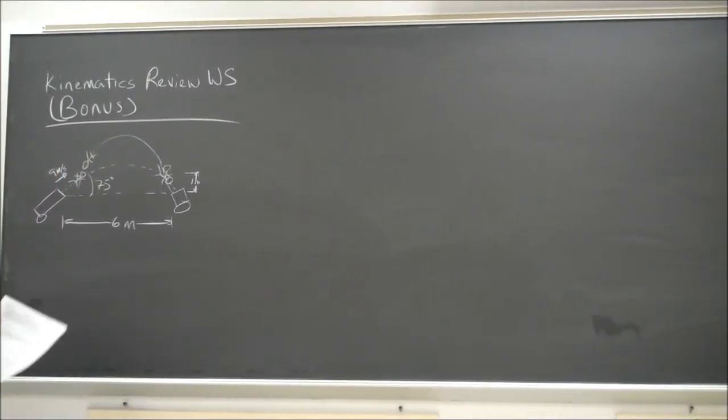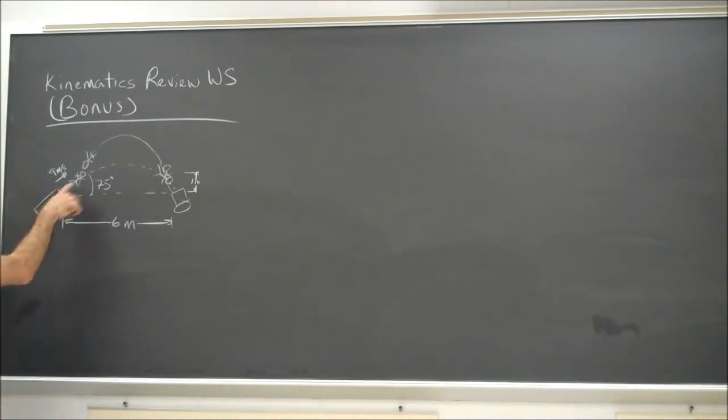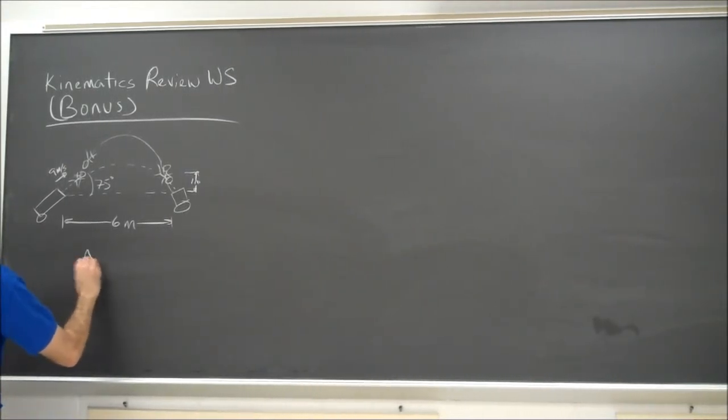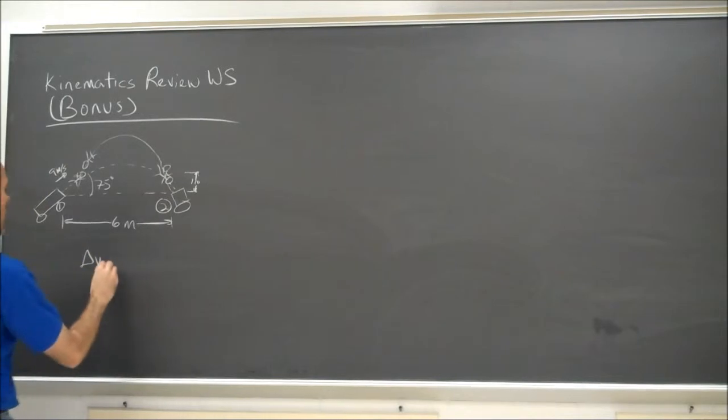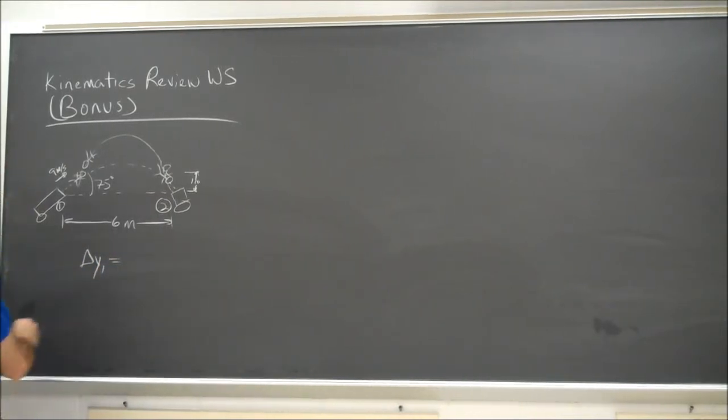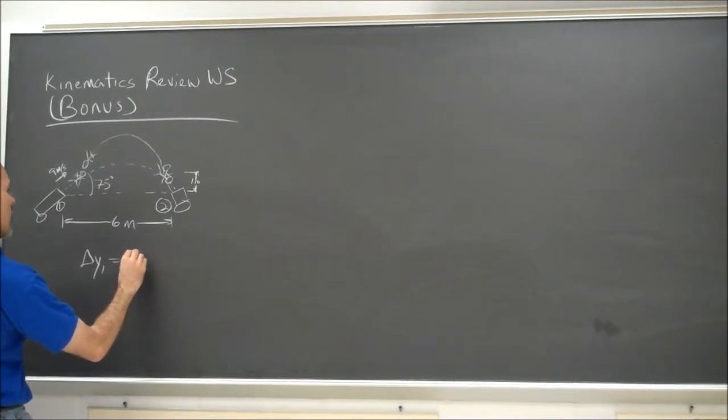But we know a lot about this first one here. We know that it's going to collide 1 meter above. So that's going to help us find a couple times. So let's look at the vertical distance for that one that we know. I'll call this cannon 1, this cannon 2 over here. So I know that d equals v_i t plus 1/2 a t squared.